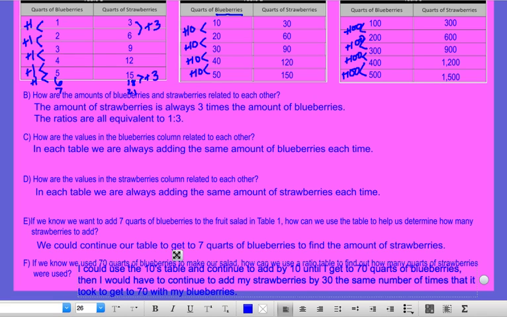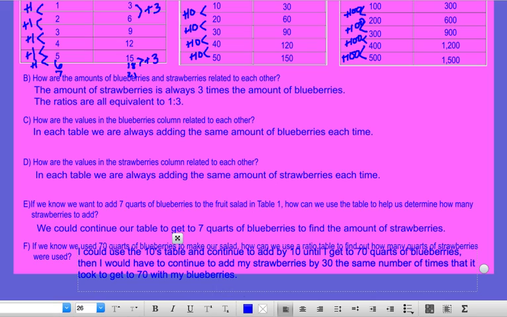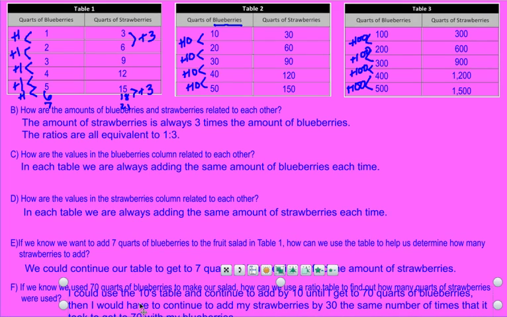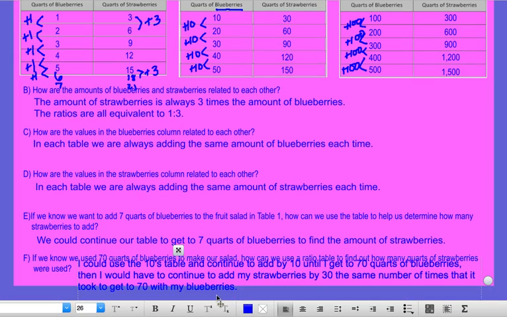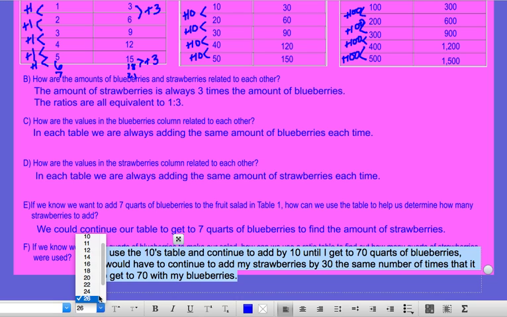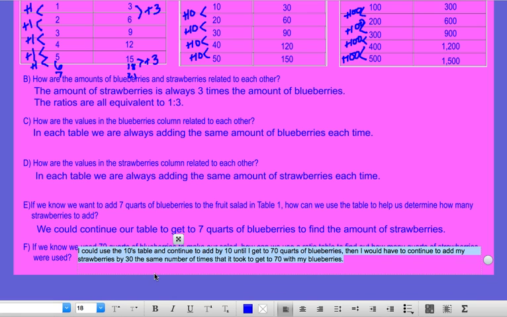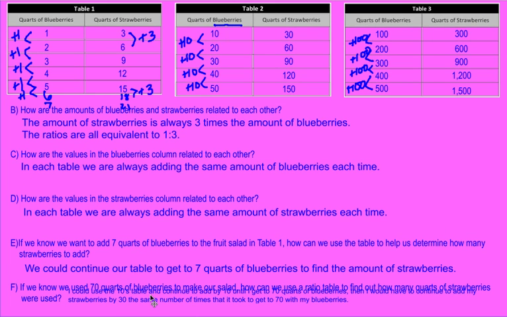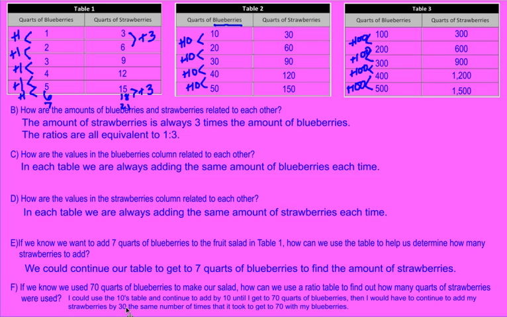Now I know the verbiage of this is a little bit confusing, but basically what it's saying is that if you started at 10 and you had to add 10 7 times to get to 70 to figure out your number of blueberries, then to find your number of strawberries, you would have to add 30 7 times.